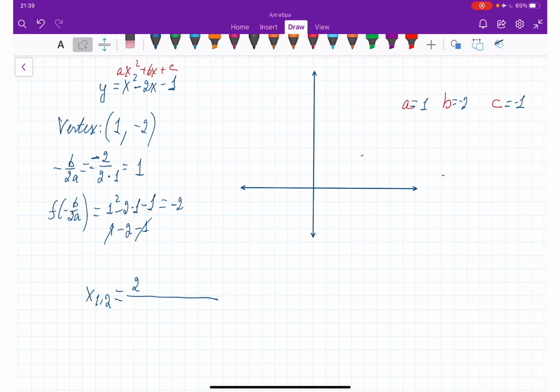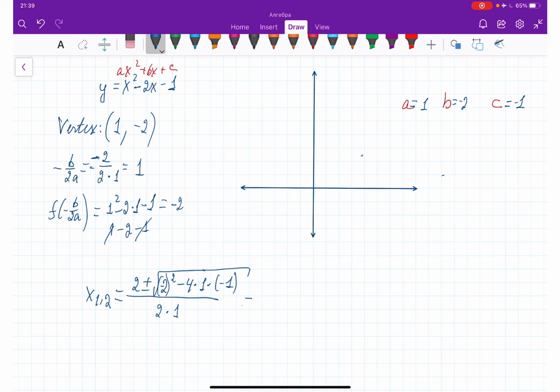Okay, so we get negative b, which is positive 2, plus or minus the square root of b squared, which is negative 2 squared, minus 4 times a, which is 1, and c, which is negative 1, divided by 2 times a, which is 1.